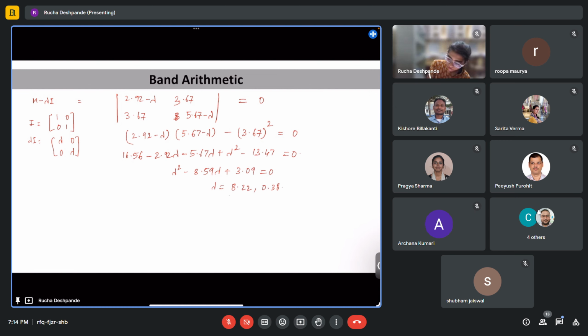So these are the two eigenvalues. The eigenvector corresponding to this eigenvalue would be the first principal component. So we can find out how much variance it would cover.